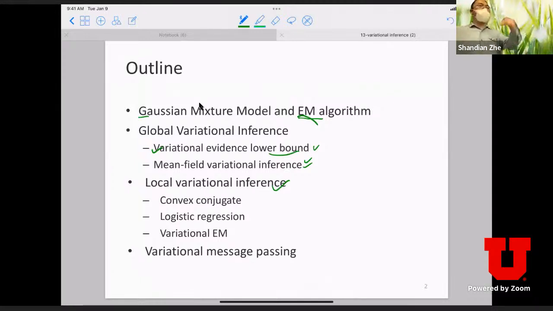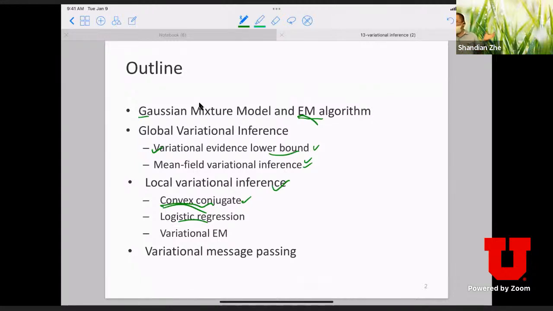I want to use some trick like convex conjugate to relax the form of that factor. So in a relaxed form, it will be much easier to derive updates of your variational posteriors. That's the idea. And we'll use Bayesian logistic regression to showcase how we conduct local variational inference. And you'll see why the convex conjugate is so powerful and useful, right?